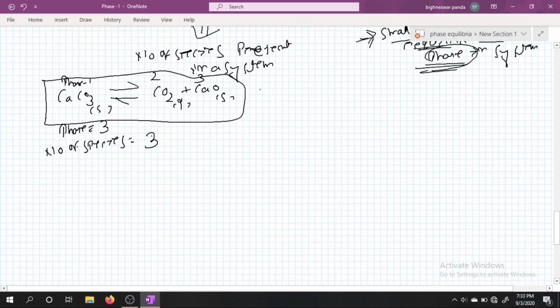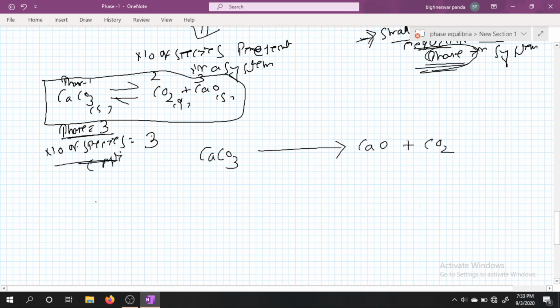Again consider the reaction. In this case phase is 3, number of species is 3, or number of constituent equal to 3. So this is our phase 1, this is our phase 2, this is our phase 3.